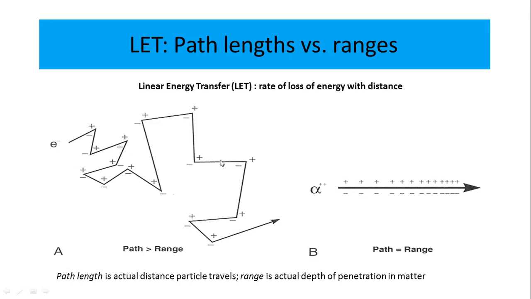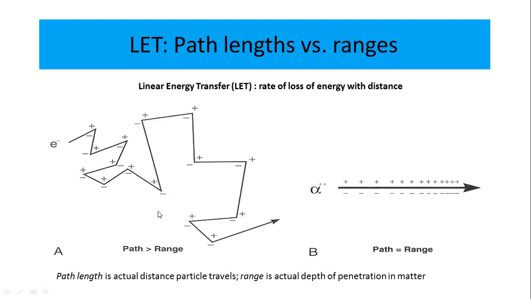This is much more than the penetration or the range of the electron in the material. But alpha particles are heavier and are not deflected by the electrons present in the outer shell. So in this case, the path length is equal to the range.